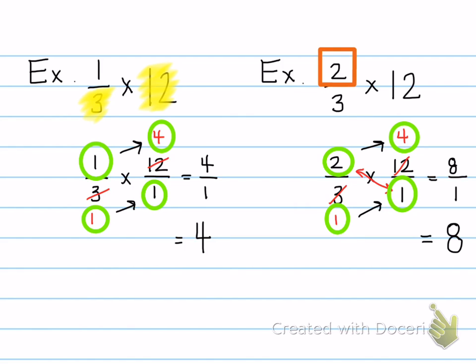So you can use that unit fraction when you're multiplying by whole numbers to help you find the answer. In this one, the unit fraction was 1/3. You know 1/3 of 12 is 4. 4 times 2 is 8. And then there's, of course, always using the entire process that we have here.